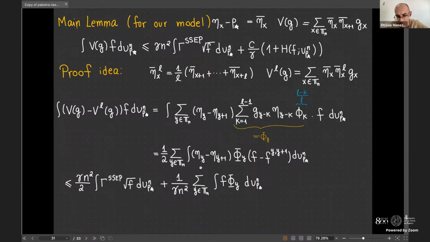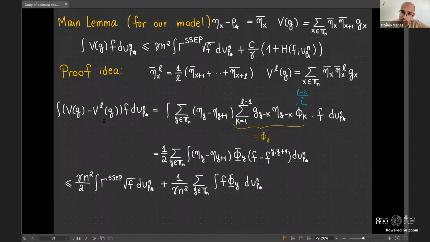There's something extra that remains, and this you have to estimate by concentration inequalities. And you also have to estimate by a concentration your averaged out thing. So this is the basic structure: replacement and concentration.